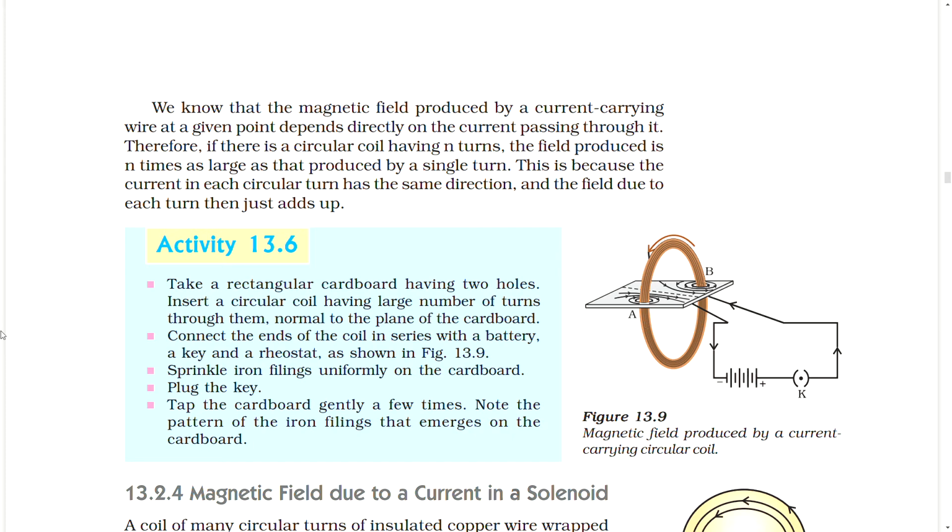We know that the magnetic field produced by a current carrying wire at a given point depends directly on the current passing through it. Therefore, if there is a circular coil having n turns, the field produced is n times as large as that produced by a single turn. This is because the current in each circular turn has the same direction, and the field due to each turn then just adds up.